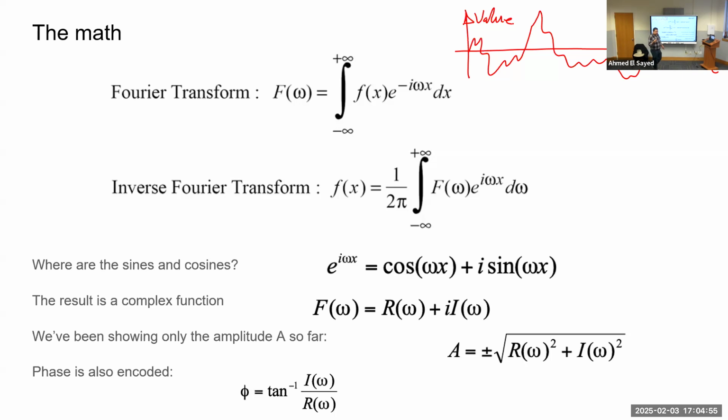Our ears have limitations. Our ears can hear frequencies from 20 Hertz to 20 kilohertz only. Anything below that, we will not be able to hear. Anything beyond that, you will not be able to hear it.